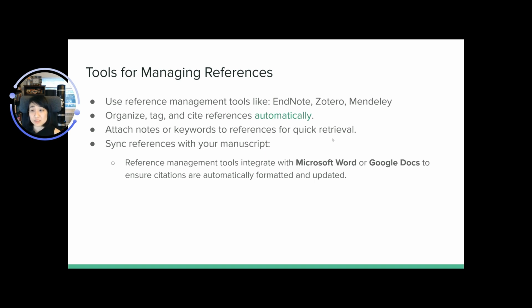Sometimes, depending on certain management tools, like Zotero, you can actually attach notes and write notes on it for quick reference so that you can remember what it is about the article. Finally, you can also sync these management tools to your word processor. For example, EndNote integrates with Microsoft Word or even Google Docs to ensure citations are automatically formatted and updated.